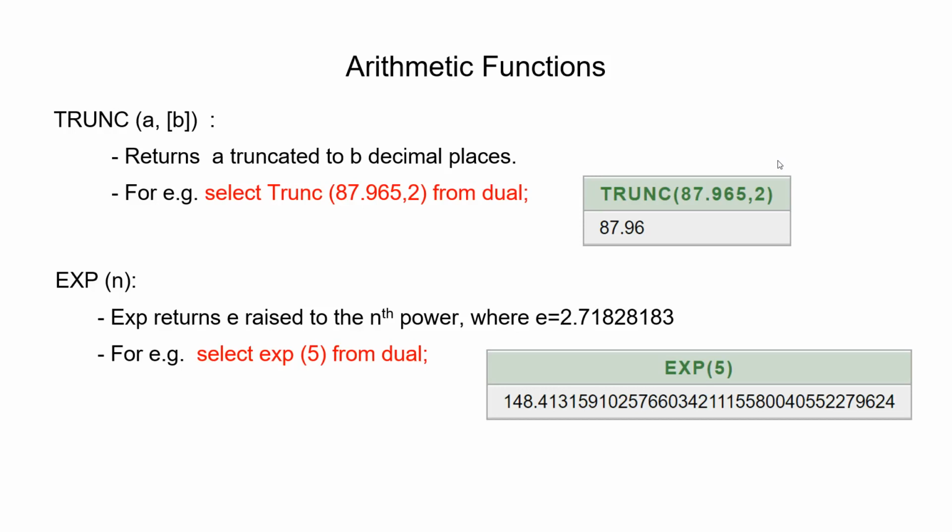So example is select exp of 5. So it will do e raised to 5. So it is going to find out 2.71 raised to 5. So the value is 148.413159, like this. So in this video, we have studied different arithmetic functions.